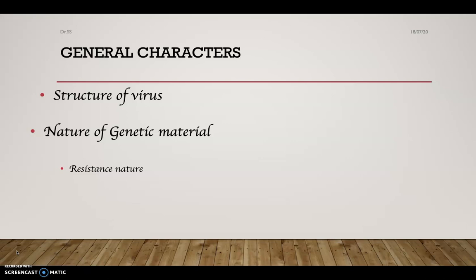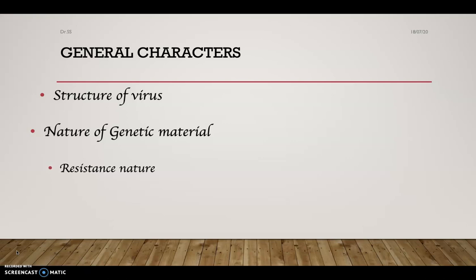Moreover, single-stranded RNA with positive mRNA strands or single-stranded RNA with negative mRNA strands. These are the classifications of the genetic materials. Each virus possesses particular ones, so we will see this in the general characters.